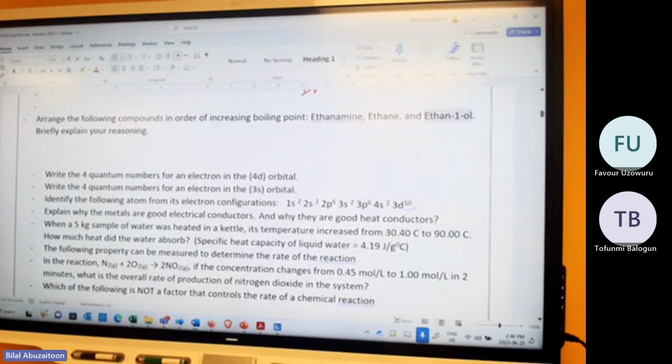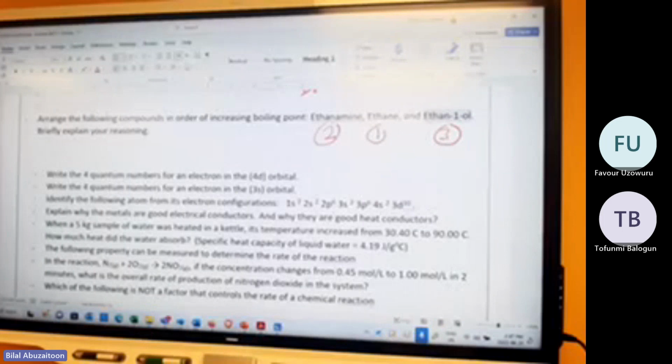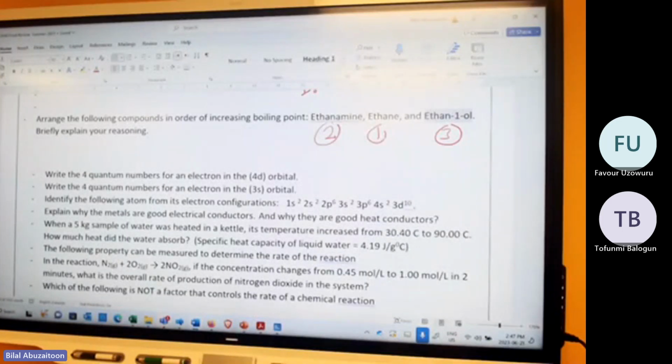Which one is the least? Ethane, number 2, right? Ethane has London forces. Ethanamine has London forces and hydrogen bonding of the type N-H. The last one has London forces and hydrogen bonding of the type O-H. If you write it this way, very straightforward, you will get the mark.